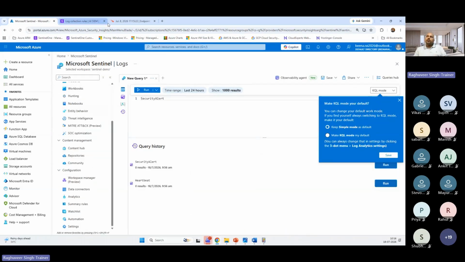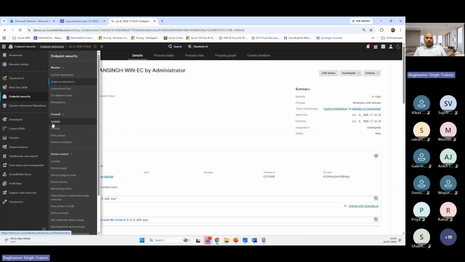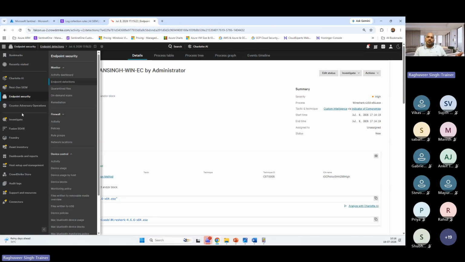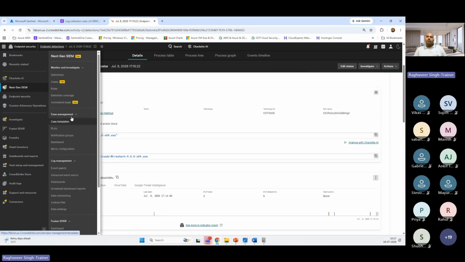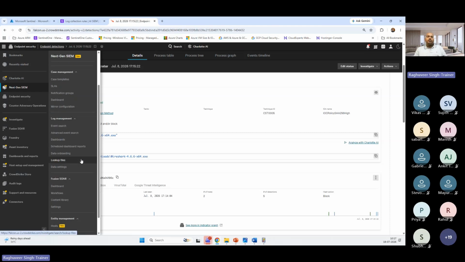Similarly, when it comes to retention in CrowdStrike, you need to agree with your CrowdStrike team on the retention part. They will let you know about the retention policies, because in CrowdStrike you have very limited options to configure retention. So you basically agree that, okay, per day log ingestion volume is going to be anywhere from 10 to 20 GB, and I want to retain this log volume for 7 days, 30 days, 90 days, 180 days.